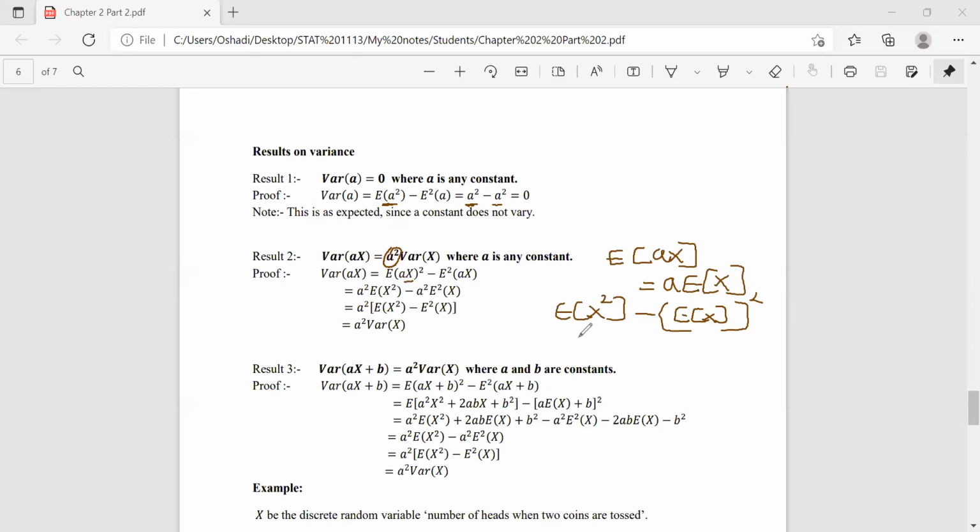Expected, so I'll write it here. So the variance of AX is the expected value of (AX) squared. That means the expected value of A squared x squared, no?